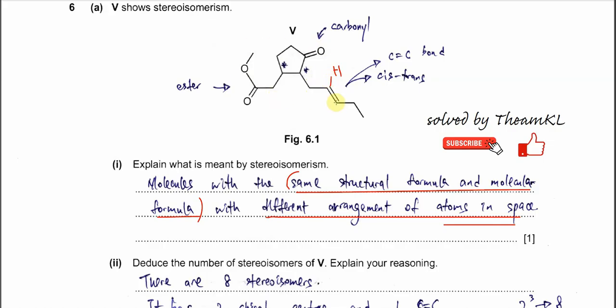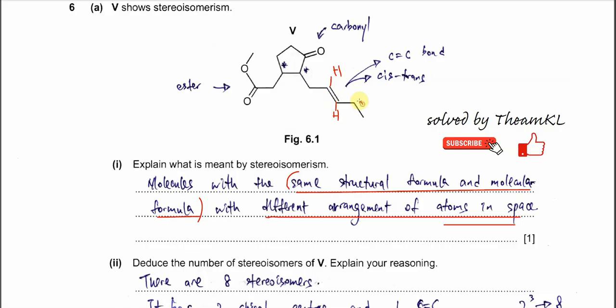And this carbon has one hydrogen here and another hydrocarbon group here. So this C=C double bond will form cis-trans isomerism, because it could have different arrangements in space.